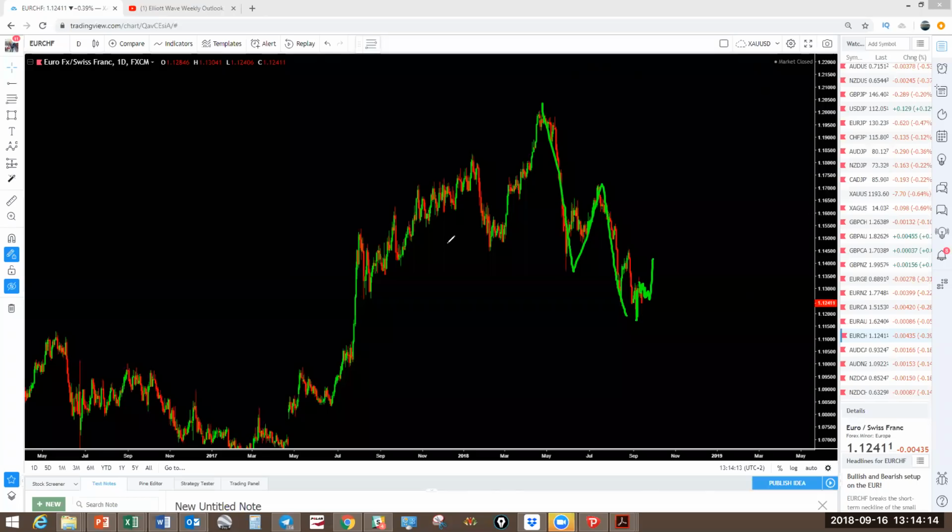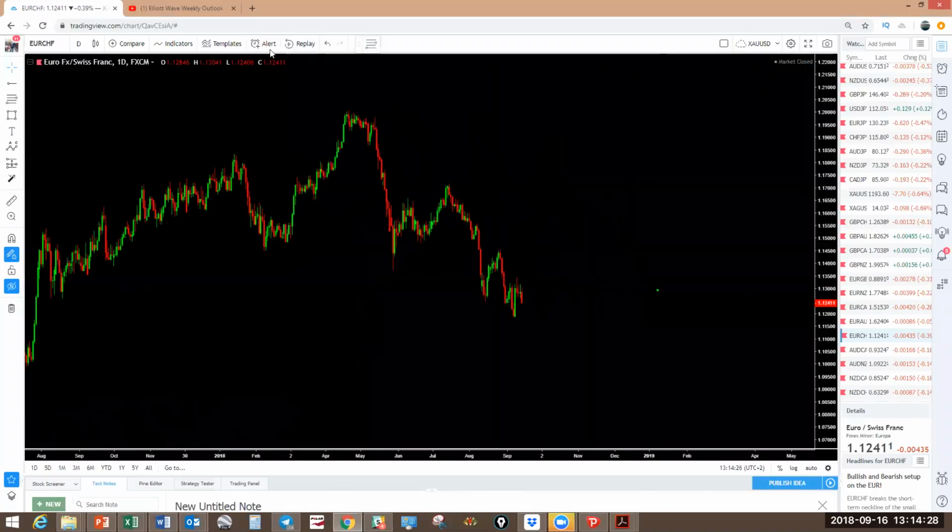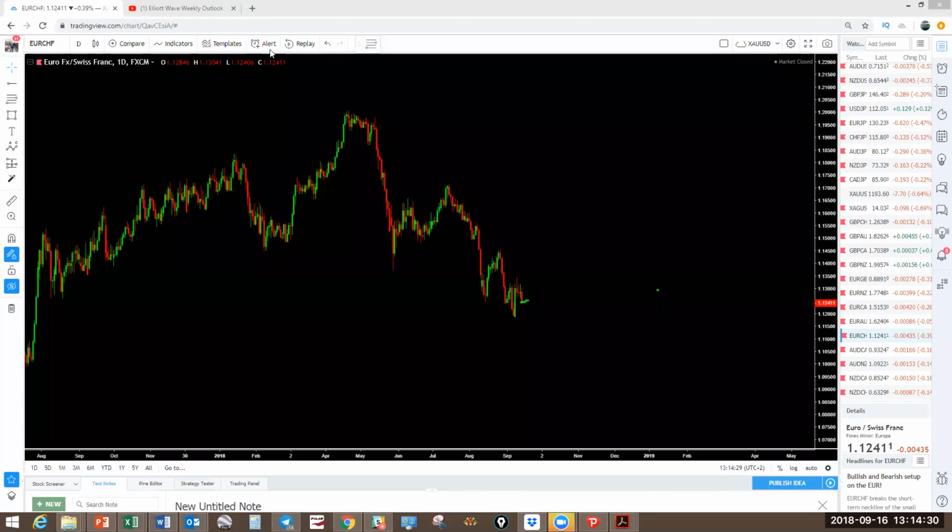It could mean a pullback depending on where the sequence or the cycle is. So let's look out for this bounce as we're expecting on Euro US dollar as well. But maybe further downside first before we get a bounce. A flag there, come down, up, down. That's what we're expecting on EURCHF.